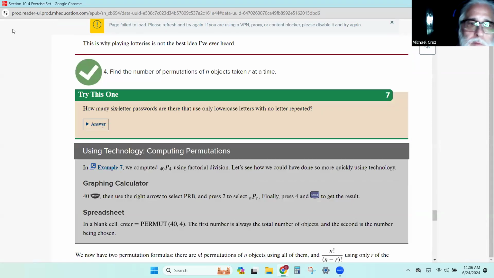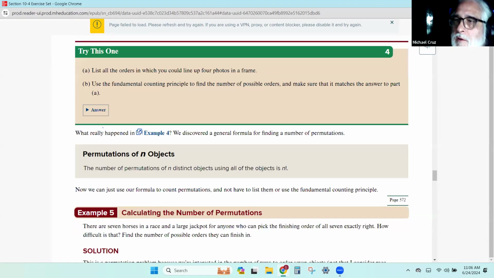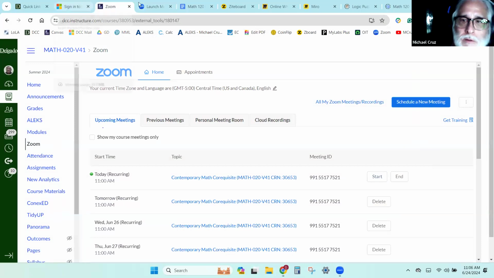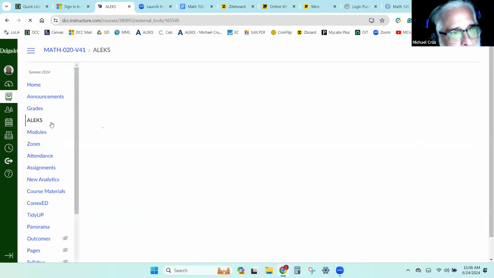Where are the darn problems in it? Oh, it says it's failed to load. I know why, because this thing is an old one. Let me open it up fresh. That was still open from the other day.